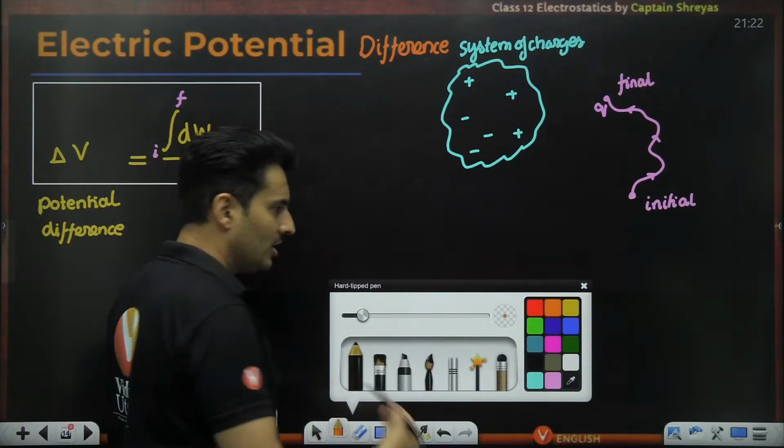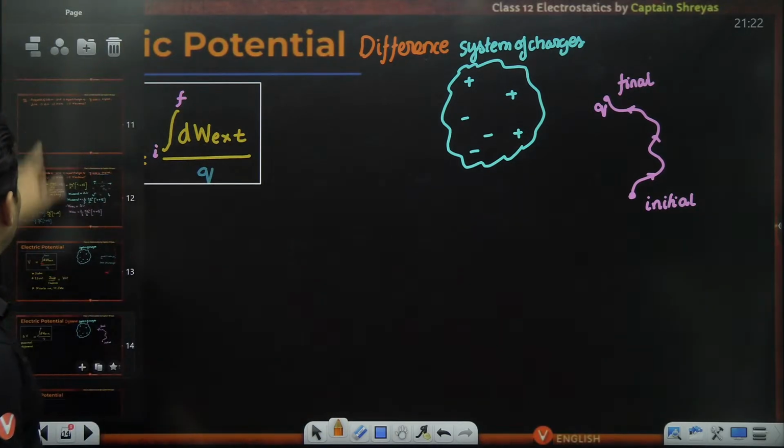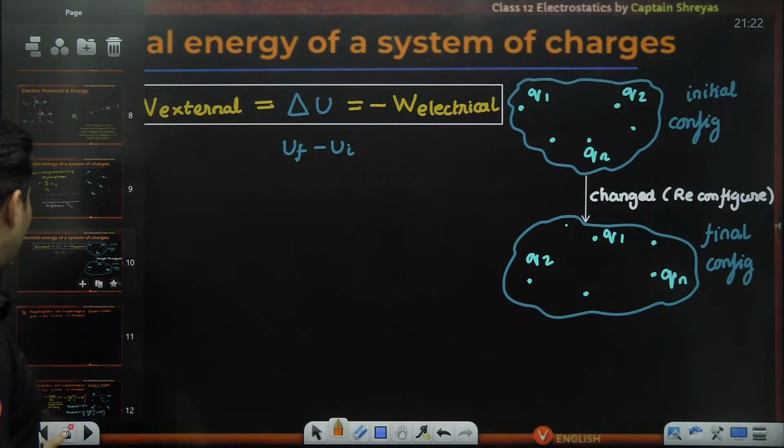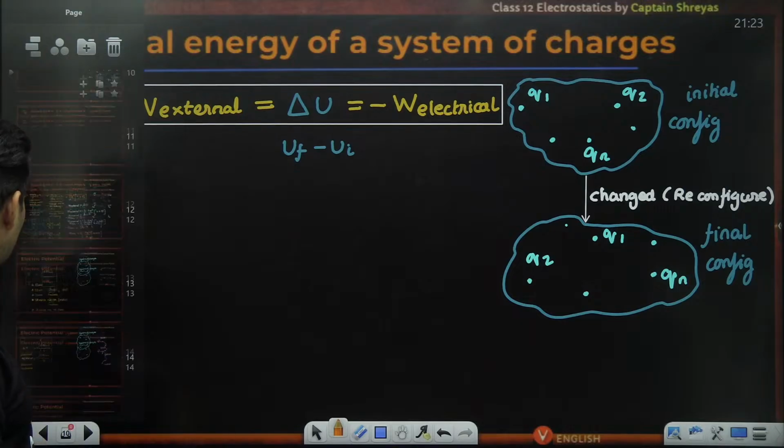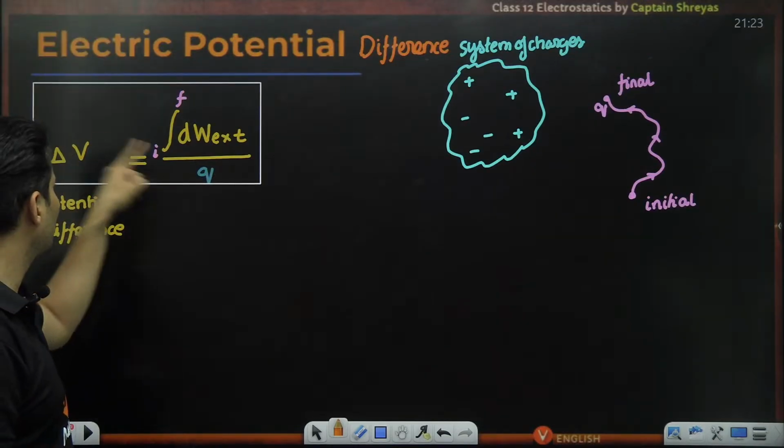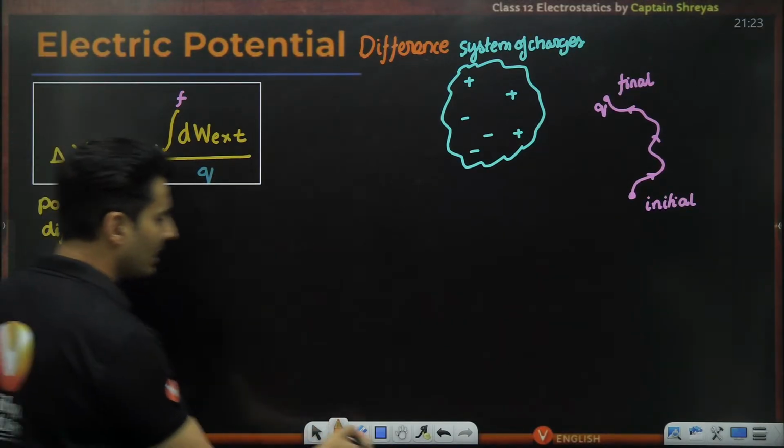Now, is there a relation between the energy difference, potential energy difference, and the potential difference? The answer for that is yes, because this was per unit charge. Just think about it.